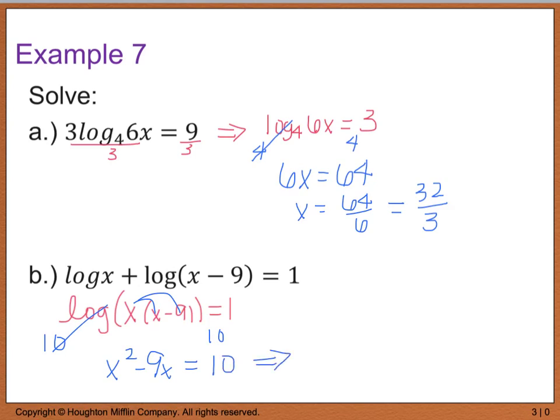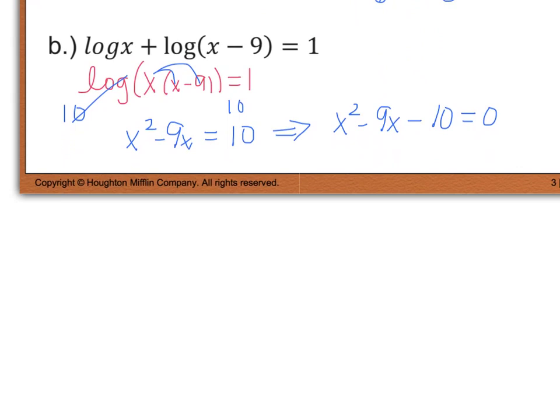So I can rewrite that as x squared minus 9x minus 10 equals 0. And if I solve that, I see we can factor, and this is going to give us x minus 10 times x plus 1 equals 0, or x equals 10 and negative 1.